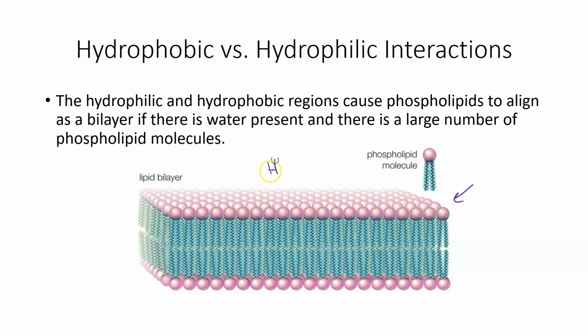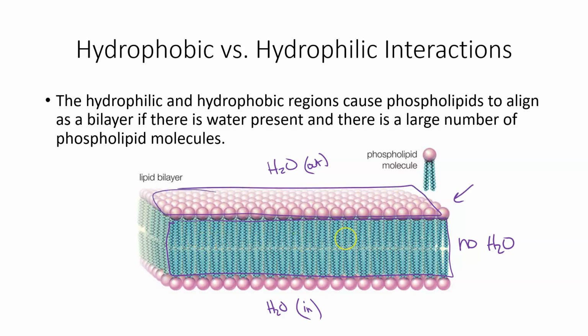And because there is water readily available outside of a cell and readily available inside a cell, it orients itself into this sheet that keeps all of this interior region completely void of water. So no water, while we do have water inside and outside. So hydrophilic are the heads, hydrophobic are the tails. Again, no water on the inside.